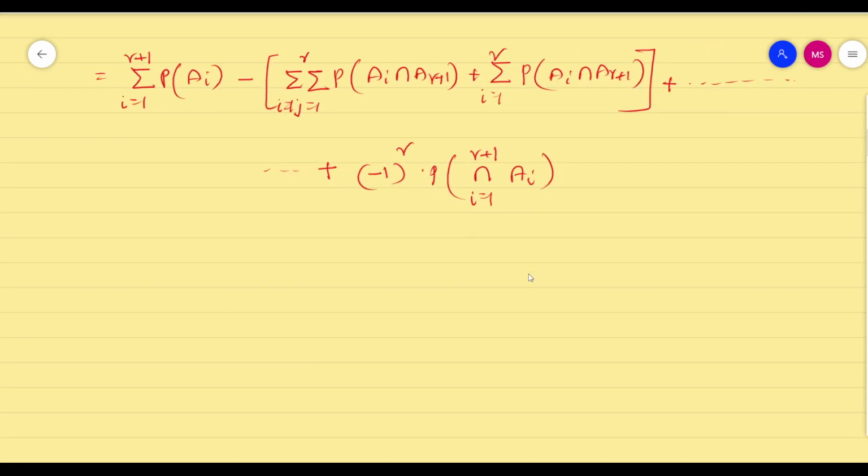And the last step of this theorem: what is that last term?